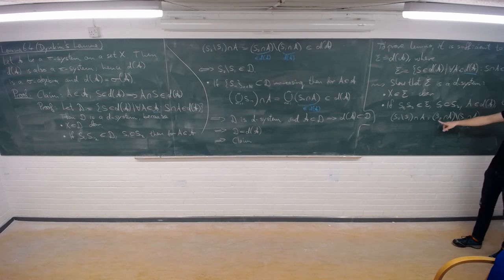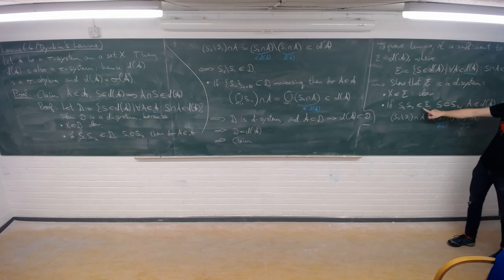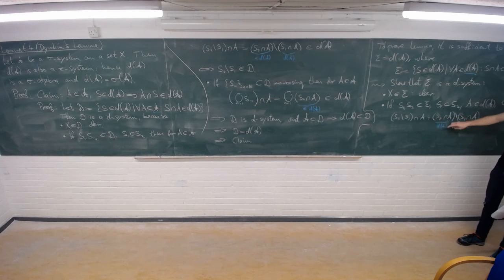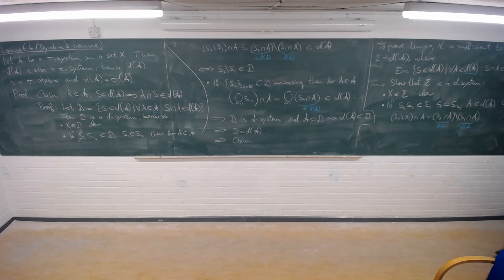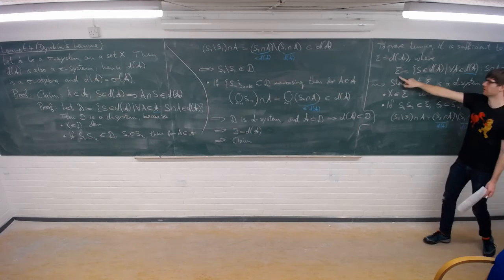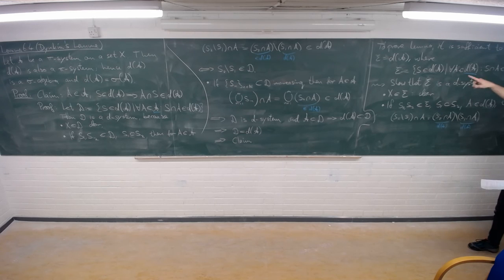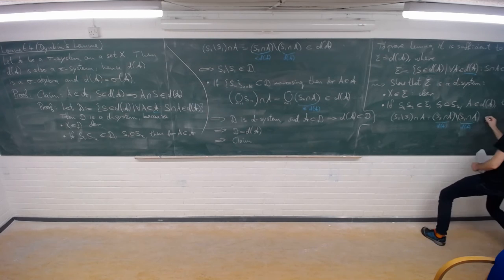Because S2 was a set in E, and if we take a set from E and take the intersection with an element from D of A, then that's again in D of A by the definition of this set E. So this intersection is in D of A again, and then the same is true for this intersection, and then for the difference between the two sets, because D of A is a D system, it's in D of A again.